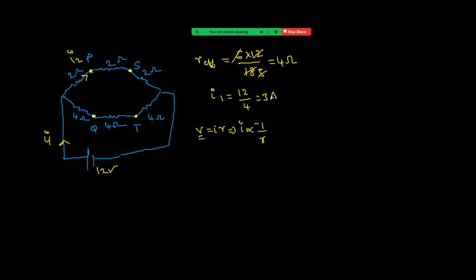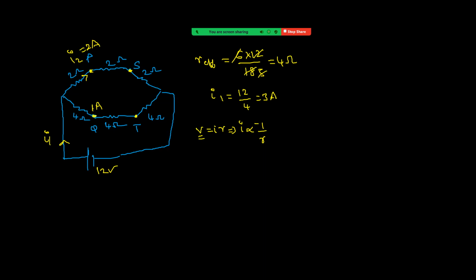Two parts here and one part here. That means this will be 2 ampere and this will be 1 ampere. That means I2 equal to 2. Option D is correct and B is also correct. And current through PQ is now 0. That is correct.